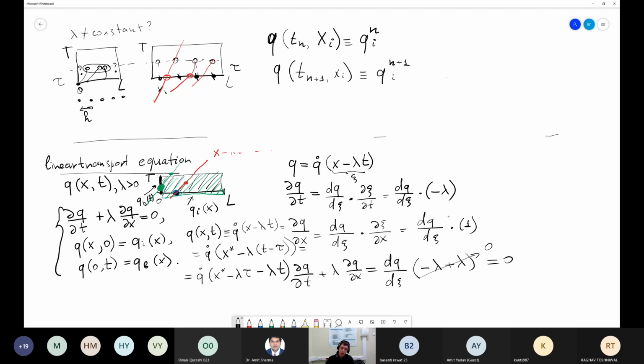We know that we can go back, and according to this formula, we will obtain q_i at the previous time moment. Sorry. The solution at the previous time moment at some new position x star. If we have the interpolation problem, we can solve it explicitly and obtain the formula.